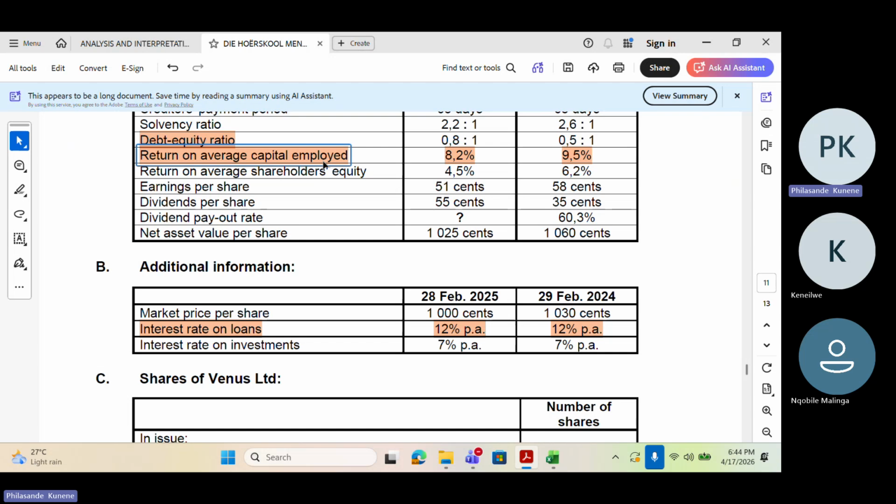There we're talking about shareholders equity plus borrowings, which is the non-current liabilities. So the return from there is less than the expense that we're incurring, which is a problem for the business.